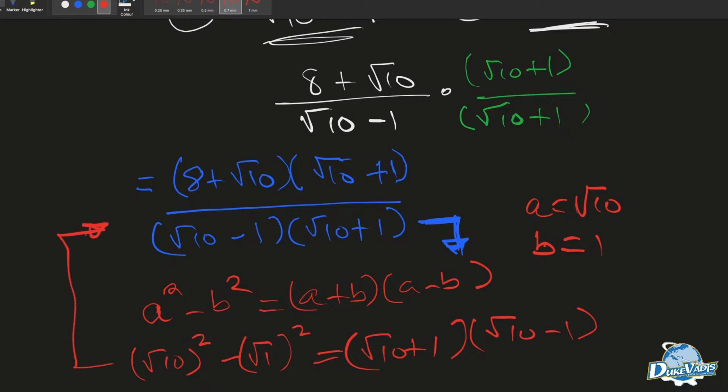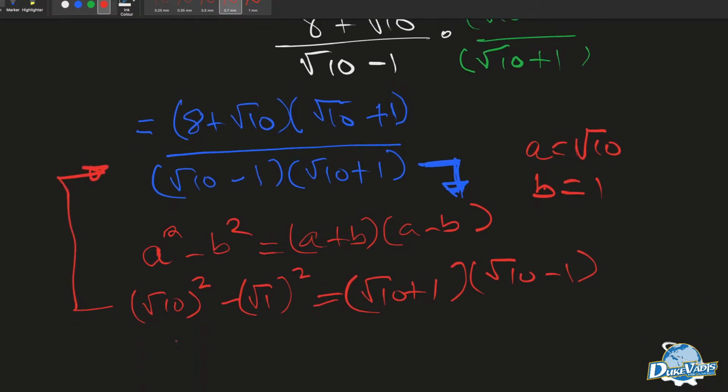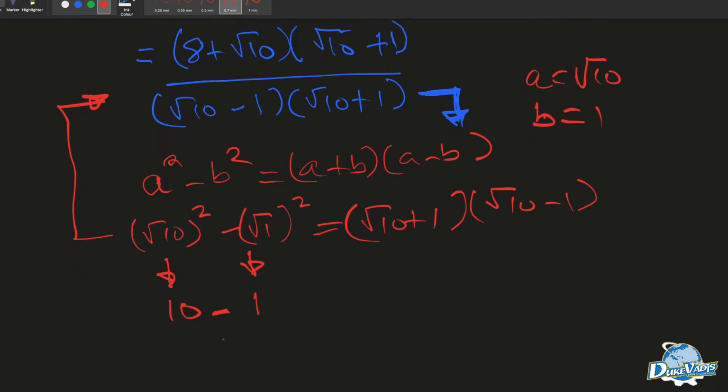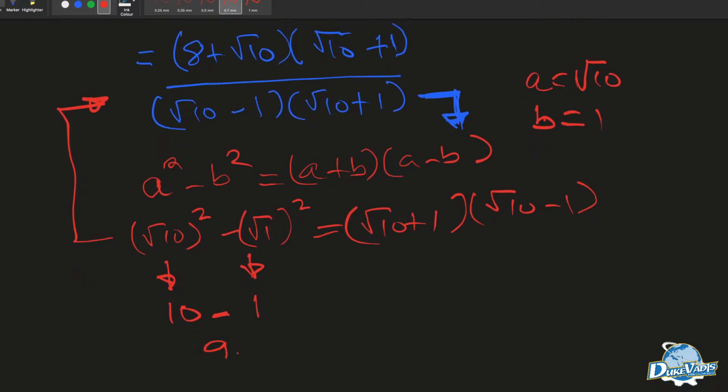Okay, and we know here root 10 squared will give us 10, minus 1 squared, which is 1. So our denominator is now 9. So we are sorted. Now we'll go back to concentrate on the top.